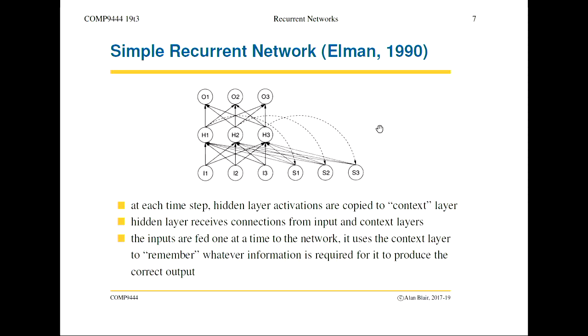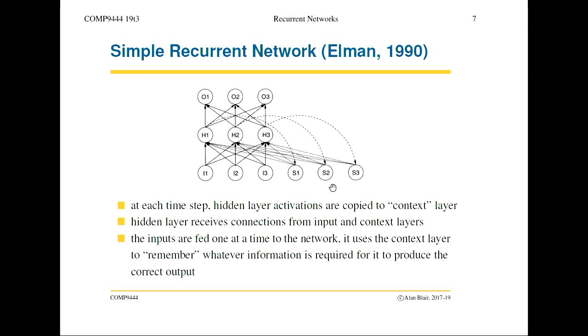The idea of the weights from the context layer to the hidden layer is that because it's a copy of the hidden layer from the previous time step, this is an opportunity to retain information from before, and so you're given the next input combined with that information to produce the output.